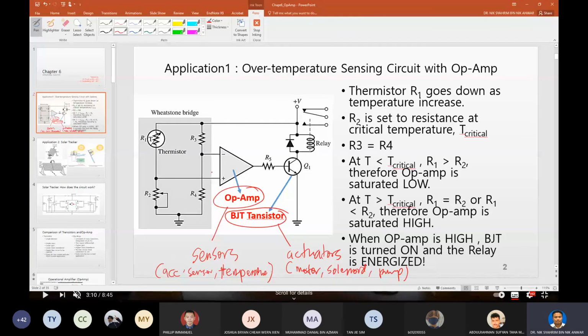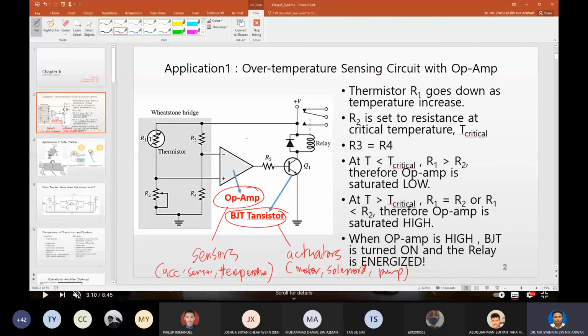So what type of circuit do we have here? Can somebody enlighten us? Op-amp circuit. We have no feedback, so this must be a comparator circuit.